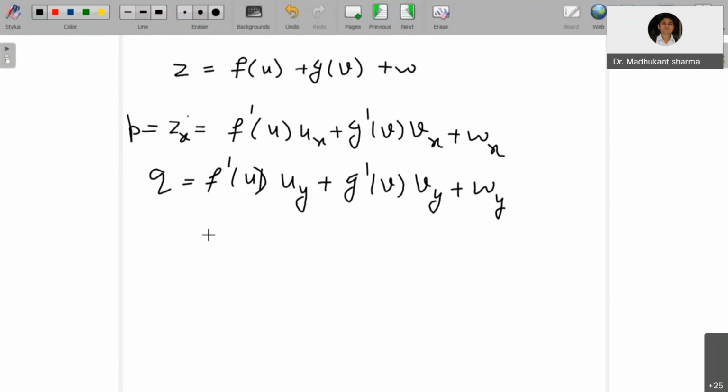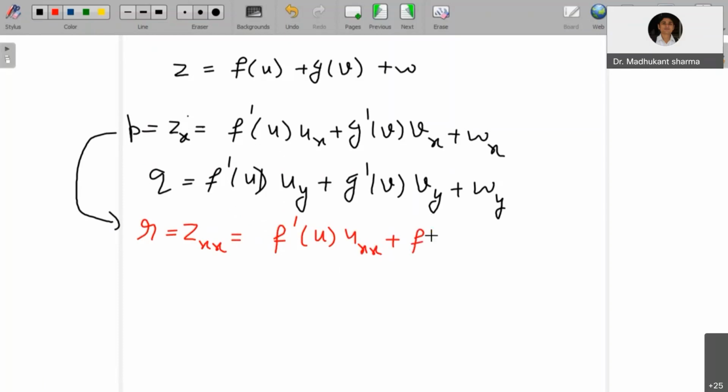Now you differentiate again partially with respect to x. What you will get, which we denote by r, that is zxx, is going to be, using the product rule, f dash of u uxx plus f double dash of u ux whole square.